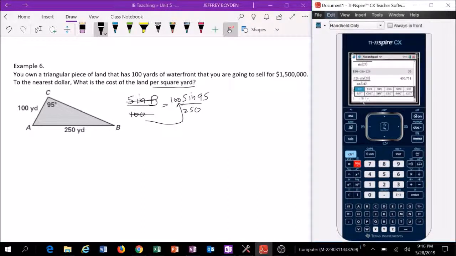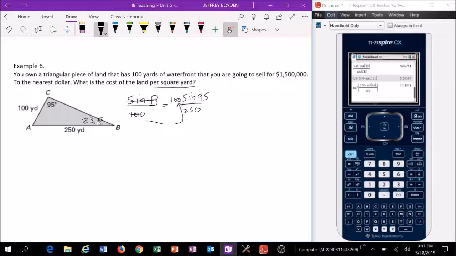I just remember to go over and hit sine inverse before I get started, and then I remember to put in a fraction in the parentheses, and then 100 sine 95 on top. And in the denominator, I'm going to go with 250. And let's see what that is. 23.5. So we just found big B is 23.5.